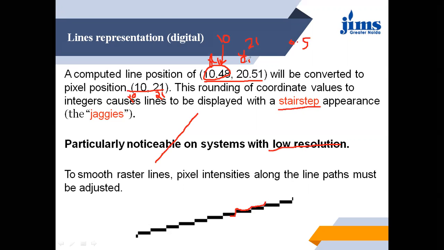There is one more way to check this: we can zoom the view. For example, instead of 100% we make it 500%, then we will see that the line is in stair step position.